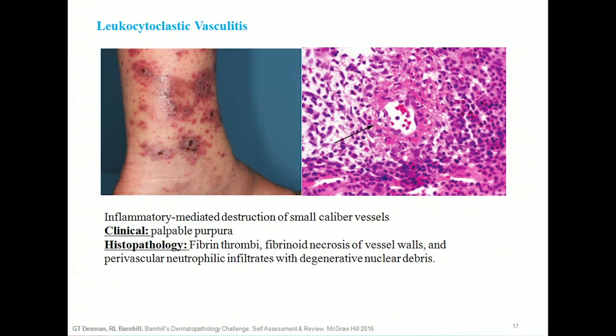Leukocytoclastic vasculitis is a type 3 hypersensitivity reaction against vessels. It's typically the small caliber vessels. You'll see fibrin thrombi, necrosis of vessel walls, as well as perivascular neutrophilic infiltrates with leukocytoclastic debris.